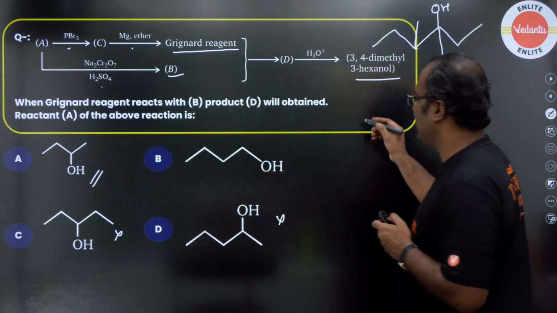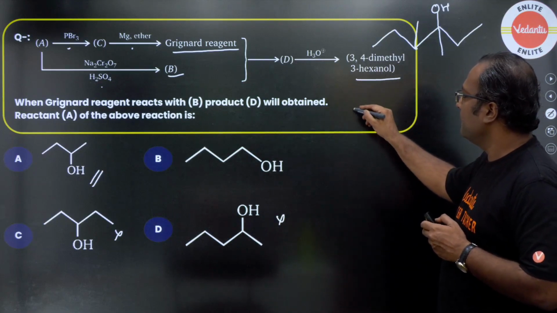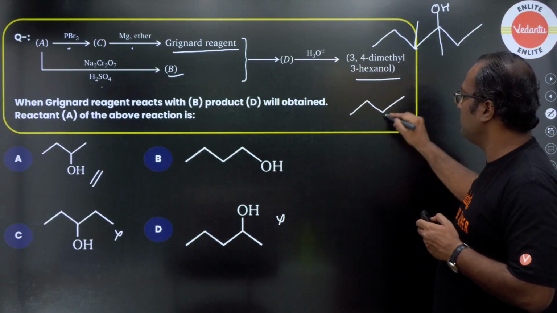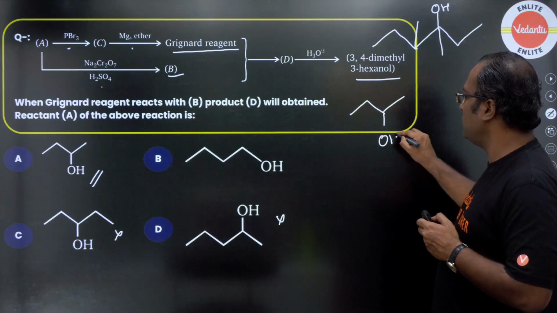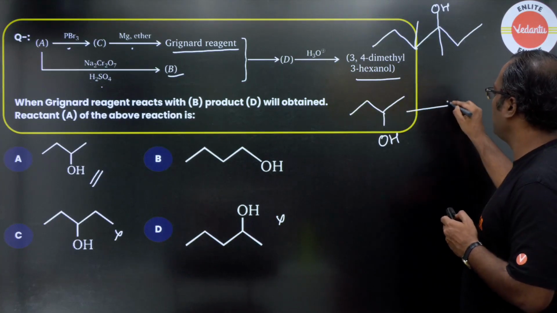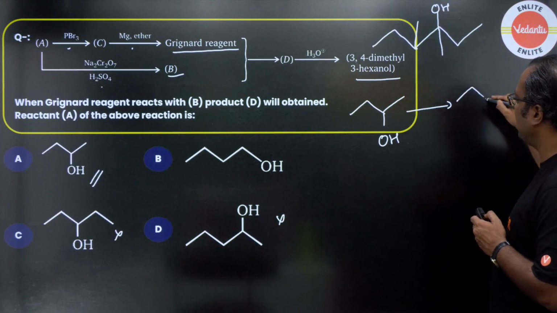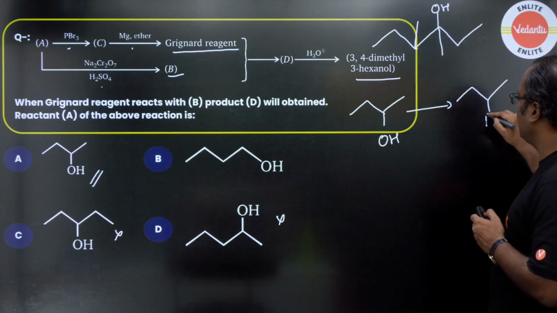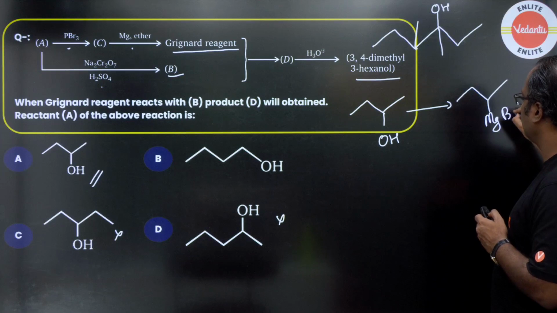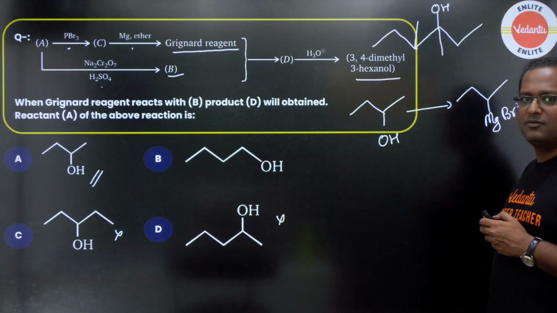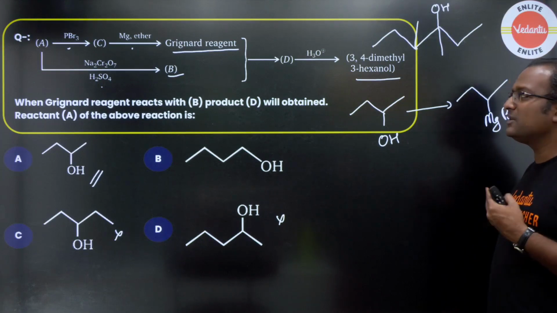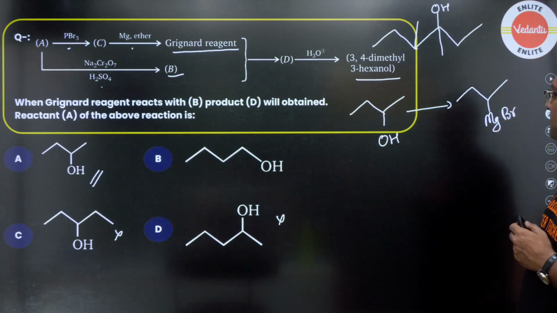So what do you get after solving? We have 2-butanol with us. 2-butanol with PBr3 and magnesium, we'll get the MgBr compound, isn't it? OH gets converted to Br and then magnesium reacts with it, converting it into Grignard.